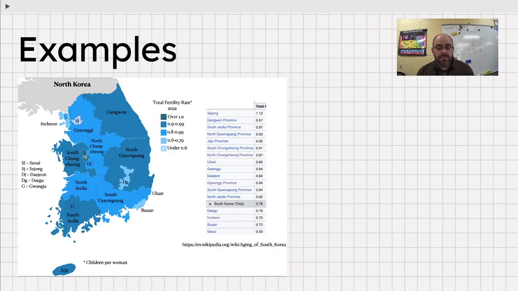Here's an example. This is South Korea. I saw a video recently on a channel called Kurzgesagt. I've probably referred to it already, that talked about fertility rate in South Korea. It's fantastic. It's worth watching for sure. But this shows you fertility rates that are all below 1, right? They're all really low, except for looks like one region of Korea.